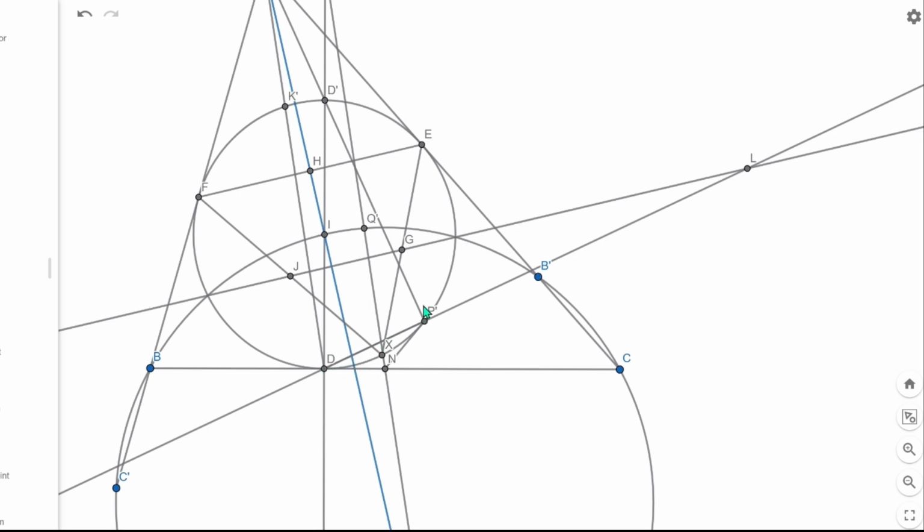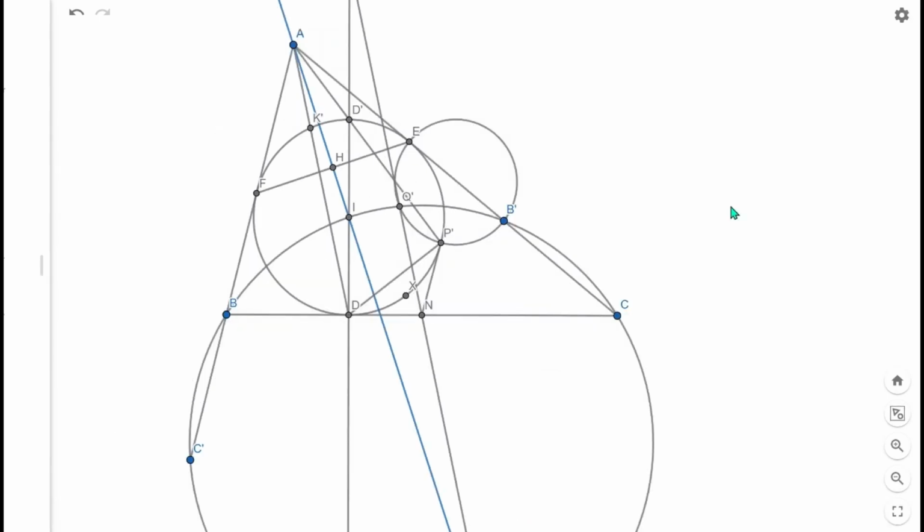And then there's this really nice property called the Reim's theorem, which states that if we know that P prime, E, X, D are concyclic and XD is parallel to LG, then P prime, L, E, G is also cyclic. So we just need to show that P prime, E, X, D are cyclic. But they're all cyclic because they lie on the incircle. So that immediately proves our claim.